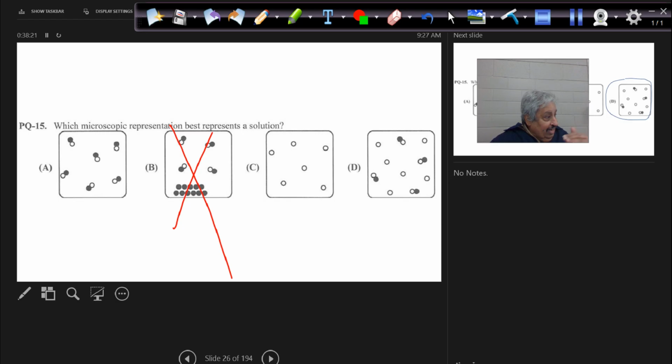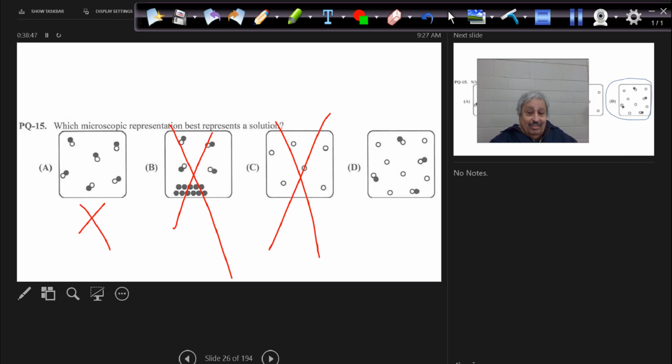This is a settled down solid, correct? And this is not a solution. Why? This is just an element by itself or molecule by itself. You need two types of circles, but then you have one is a solute, one is solvent. This can be a molecule by itself or solvent. That's not. So what's left?